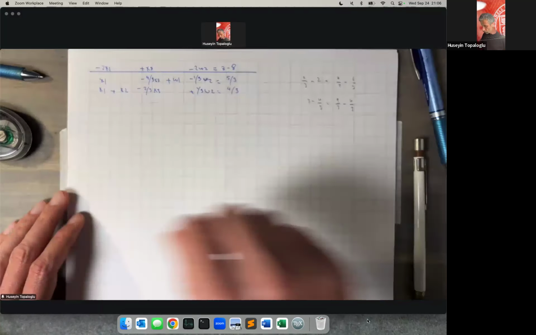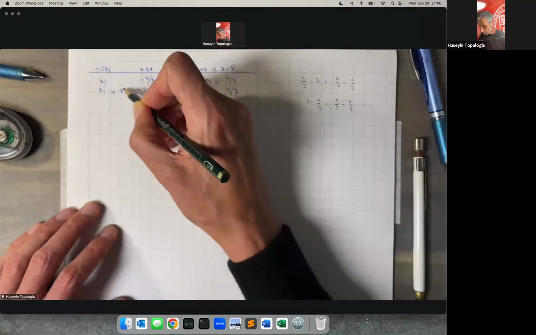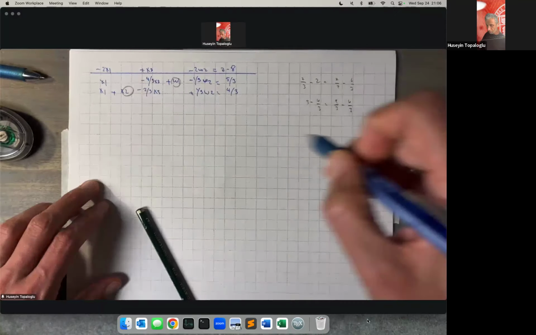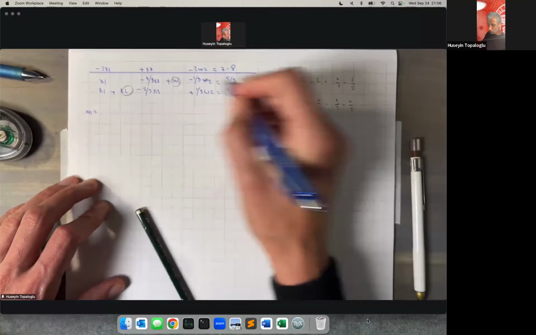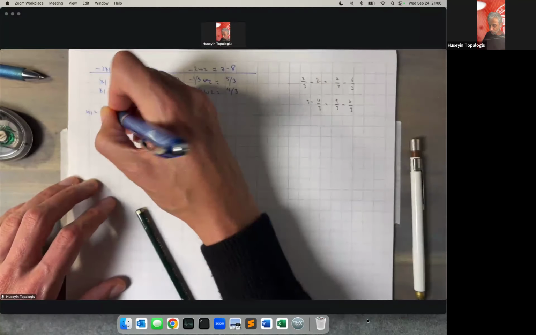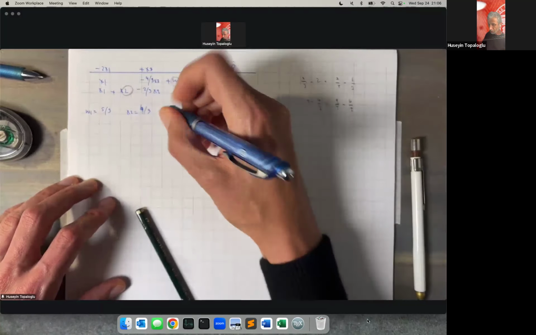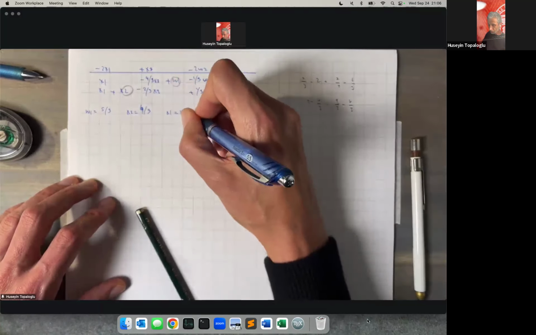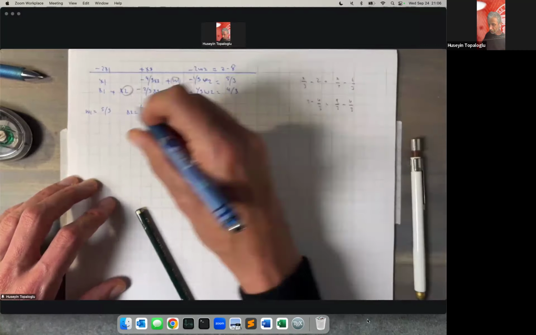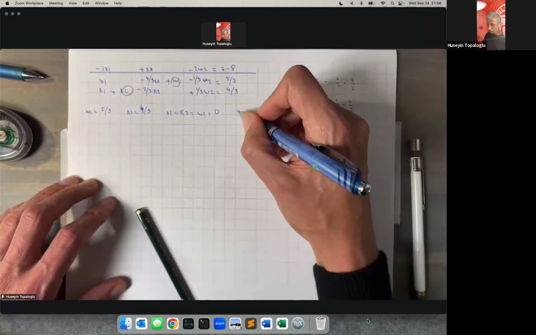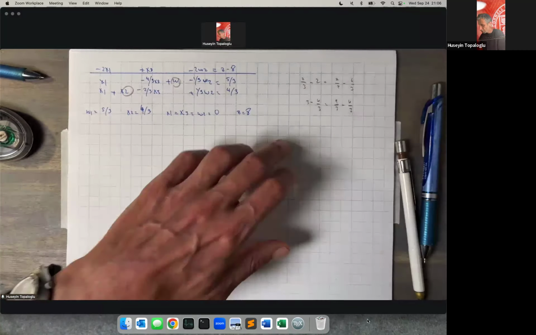Let's write the solution corresponding to the system. Our basic variables are w1 and x2. So the solution we read is w1 is 5/3, x2 is 4/3, and x1, x3, and w2 are all 0. Z is equal to 8.